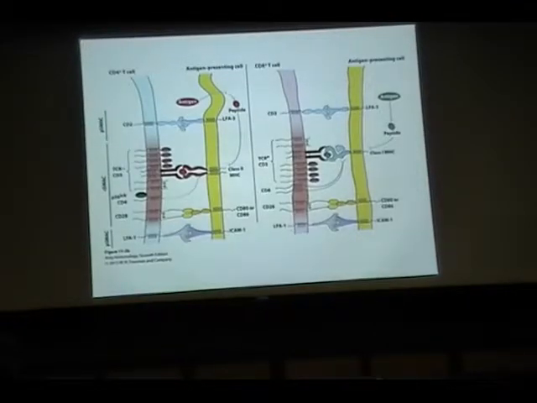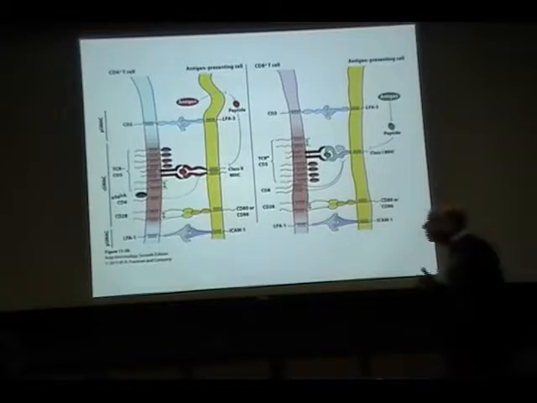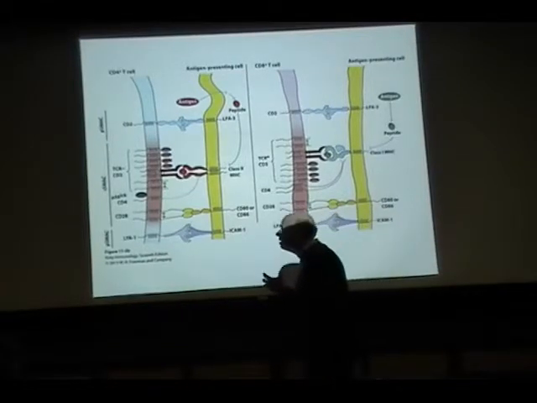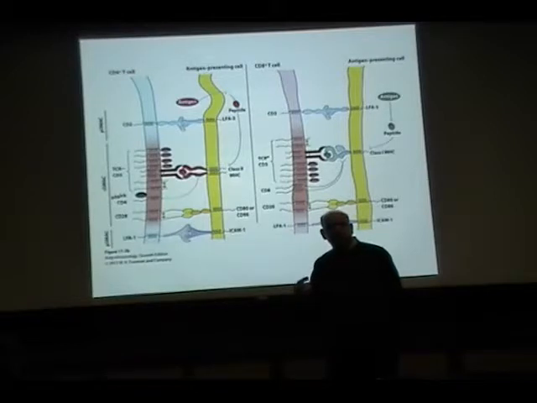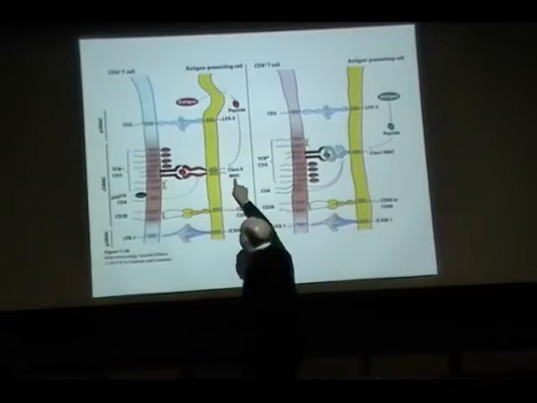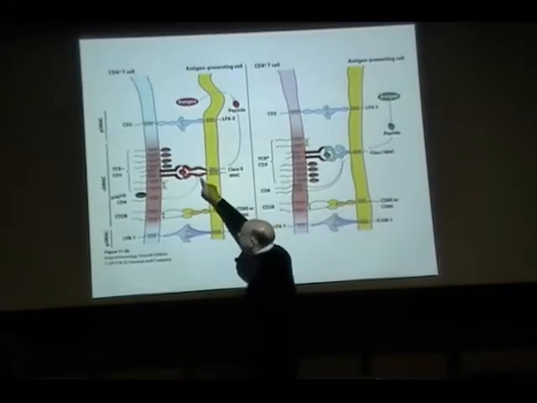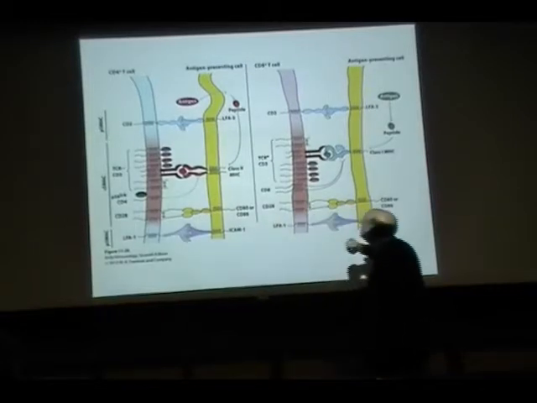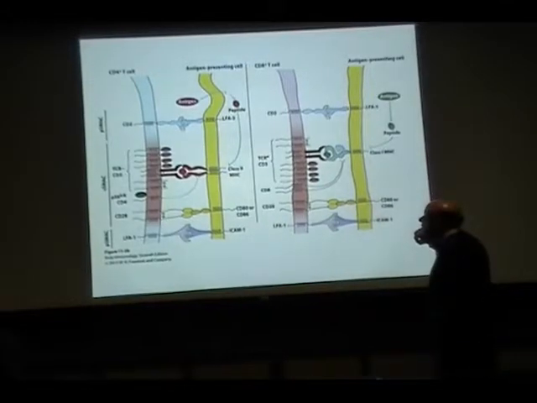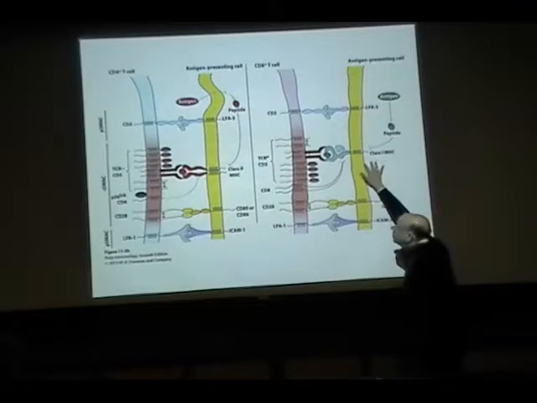Okay, this is a complicated slide. We're going to come back to it 4 or 5 times, but I just want you to appreciate what antigen presentation means. Here is a molecule, this red molecule right here, and the blue molecule here.